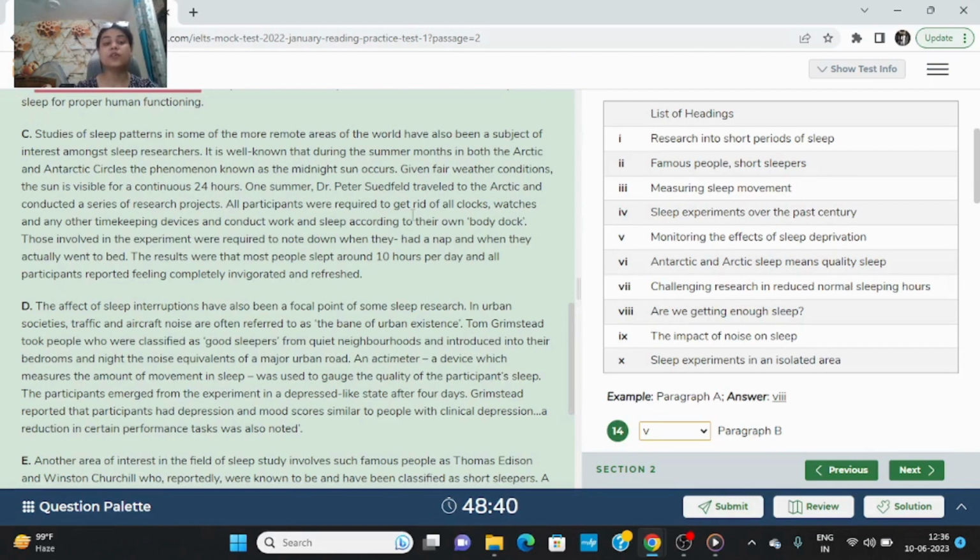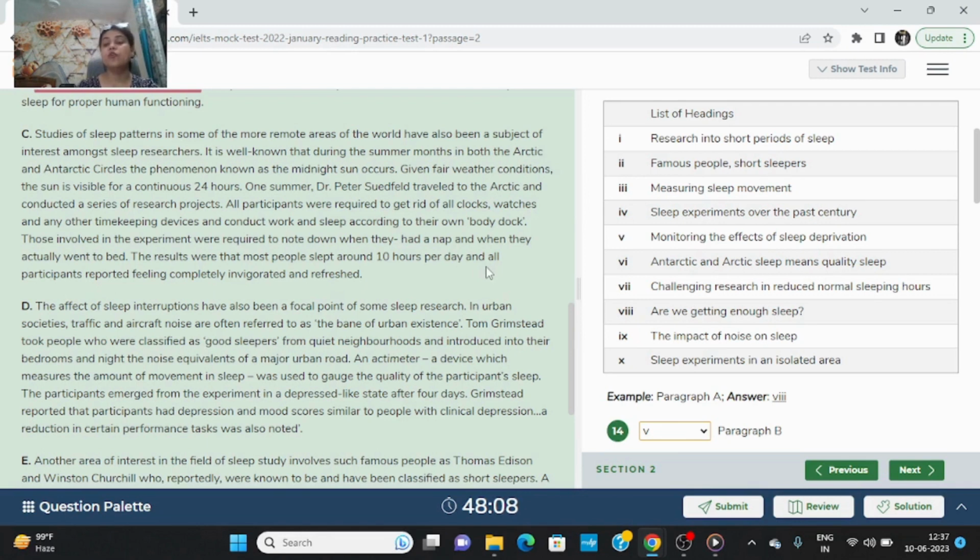All participants were required to get rid of all clocks, watches, and any other timekeeping devices and conduct work and sleep according to their own body clock. Those involved in the experiment were required to note down when they had a nap and when they actually went to bed. The results were that most people slept around 10 hours per day, and all participants reported feeling completely invigorated and refreshed.